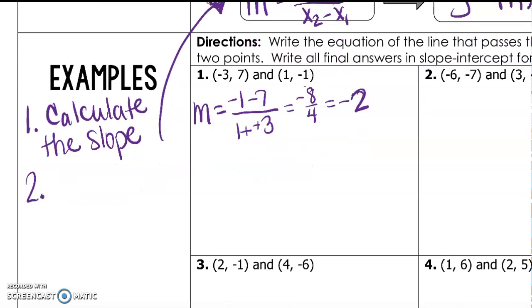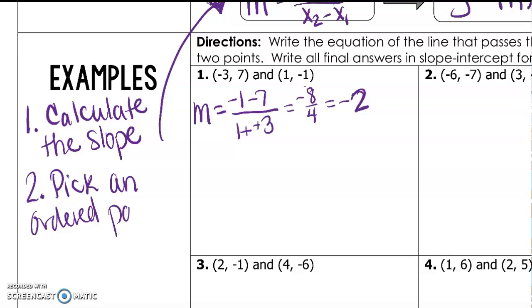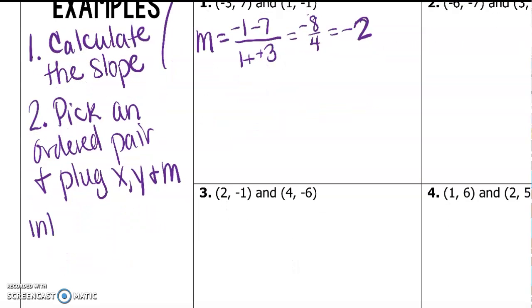So step 2 is pick an ordered pair. And you're going to plug x, y, and m that you just calculated into y equals mx plus b.